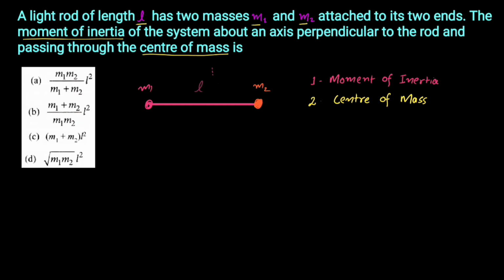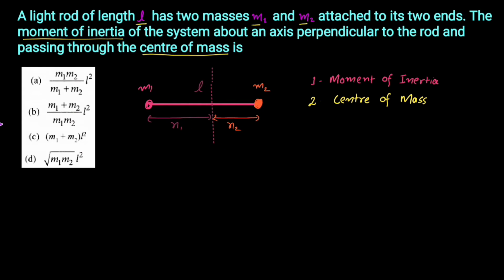Suppose this is the center of mass. We are just assuming that this is the center of mass. The distance of mass m1 from the center of mass we assume to be x1. Similarly, the distance of mass m2 from the center of mass we assume to be x2.